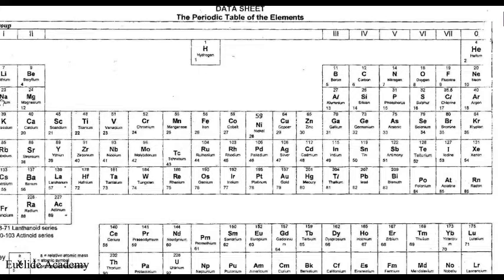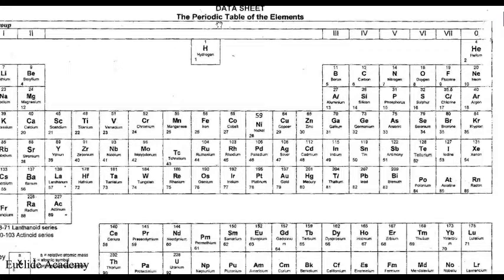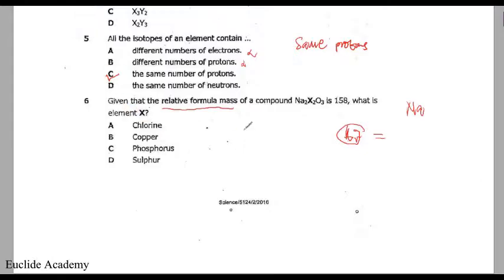For sodium, the number there on top is the relative atomic mass. So the relative atomic masses are already stated on the periodic table, which are these numbers on top. You are seeing hydrogen 1, helium 4, lithium 7, beryllium 9, sodium is 23.